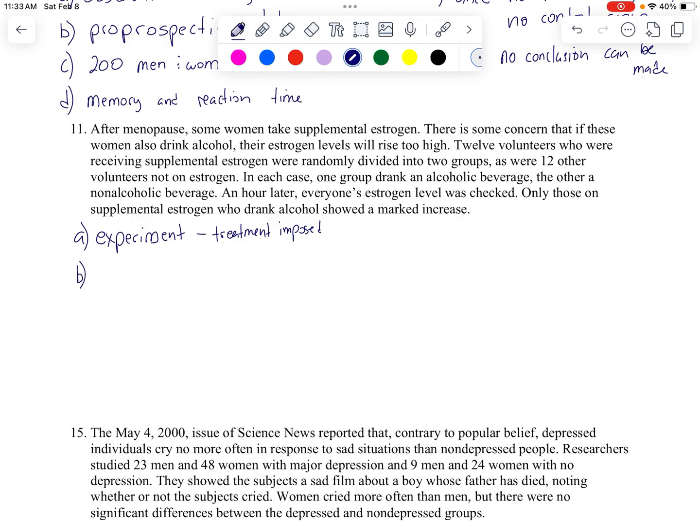So moving on to part B, my subjects in this particular experiment are 24 women, 12 of which on estrogen, and 12 not.